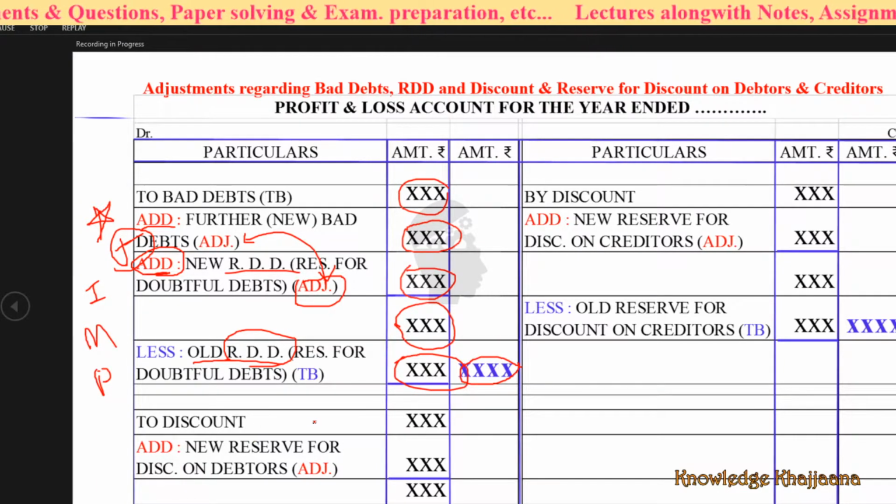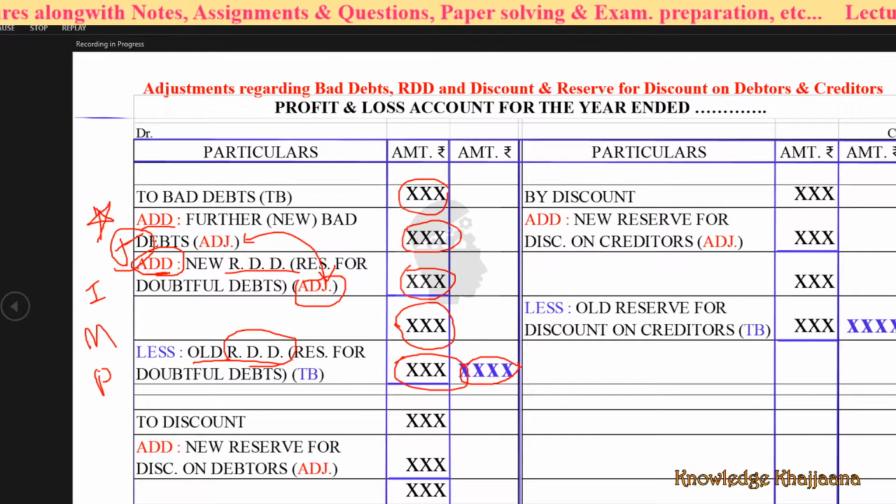Similarly, discount. We may get discount, or we may give discount. The new discount which is given in the adjustment, you have to add. The new reserve for discount on debtors you have to add to the discount in the profit and loss account. And you have to deduct the old reserve for discount on debtors, that is the old balance given in the trial balance.